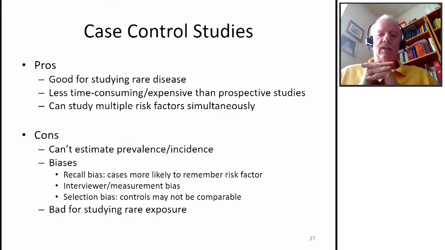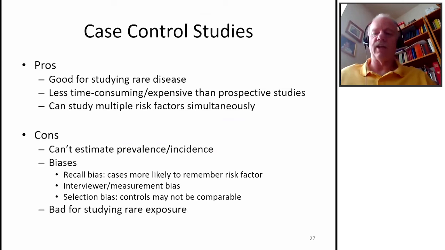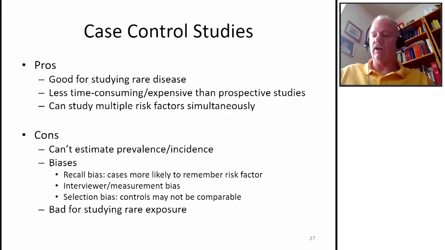Now, the case control study, this is a really good design if you're studying a rare disease. Because if you're studying a rare disease, if you just follow people with and without a risk factor, you are not going to see very many people who get the disease. So you won't be able to tell whether that risk factor is causing disease.